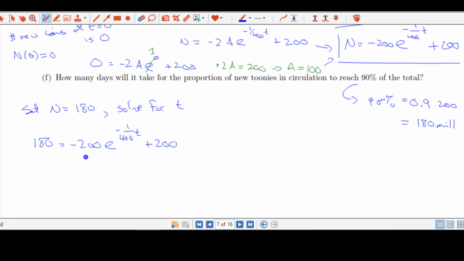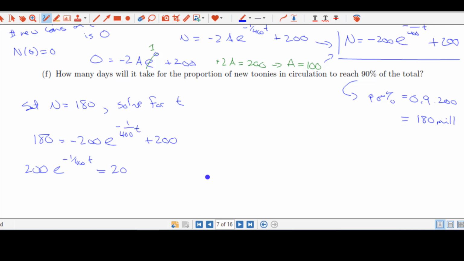And we start solving. I would bring this over. 200 e to the negative 1 over 400t is equal to, bring the 180 over, we just get 20. That gives us, we can divide through, e to the negative 1 over 400t is equal to 20 over 200, much better known as 0.1.